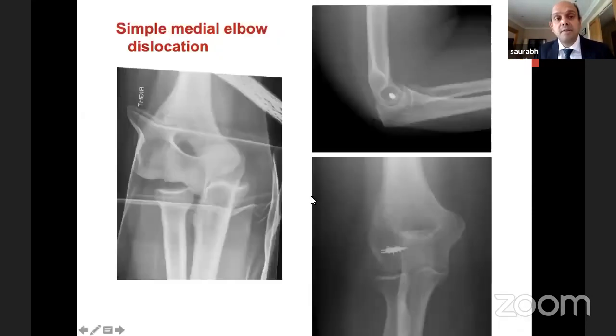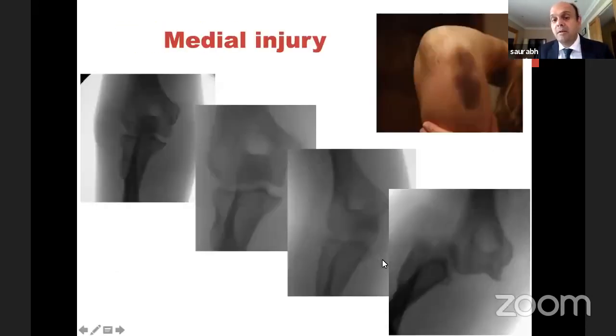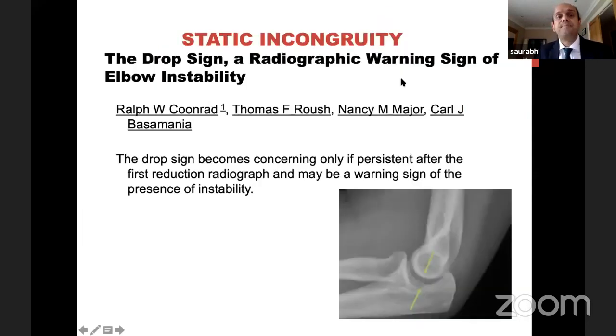So if you have a simple medial dislocation, you need to repair your LUCL. But in a simple lateral dislocation, you can just reduce it and get away without operating. So that's the difference between the two. So obviously when you see a patient in A&E, look for the bruising, whether there's a medial bruising or a lateral bruising, it gives you a lot of information.